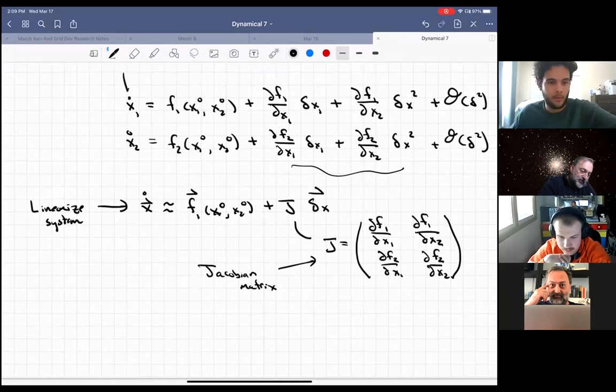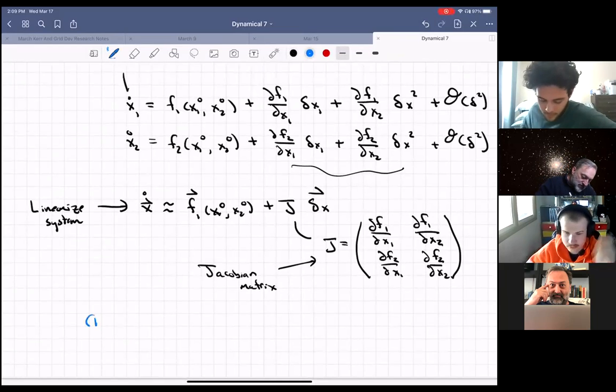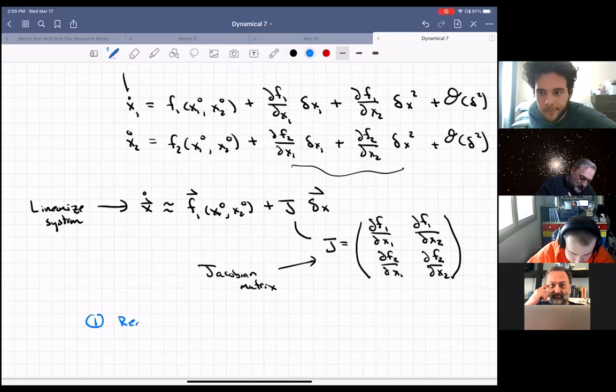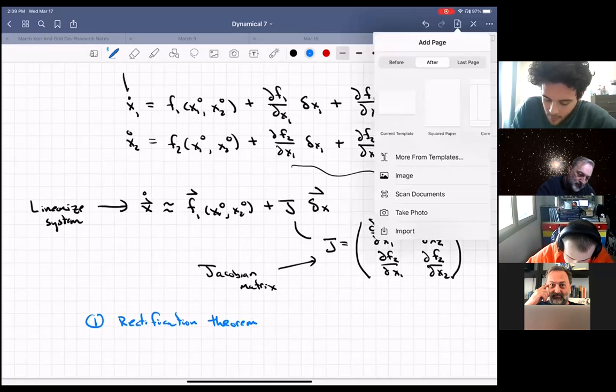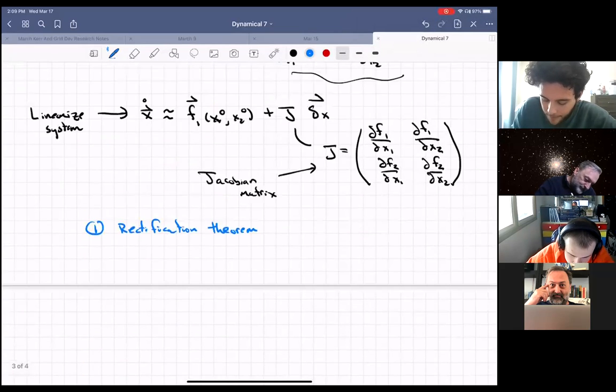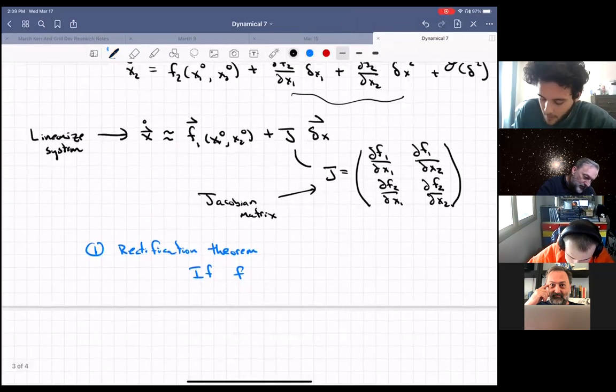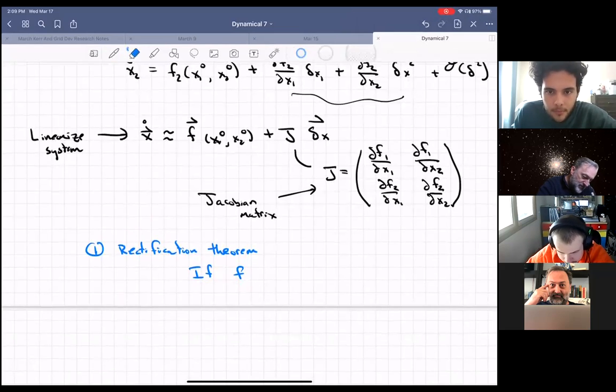Now, there's two ways to work with this. I want to take this one off of here. This one shouldn't be here, because I put the vector sign on top, so the one shouldn't be there.